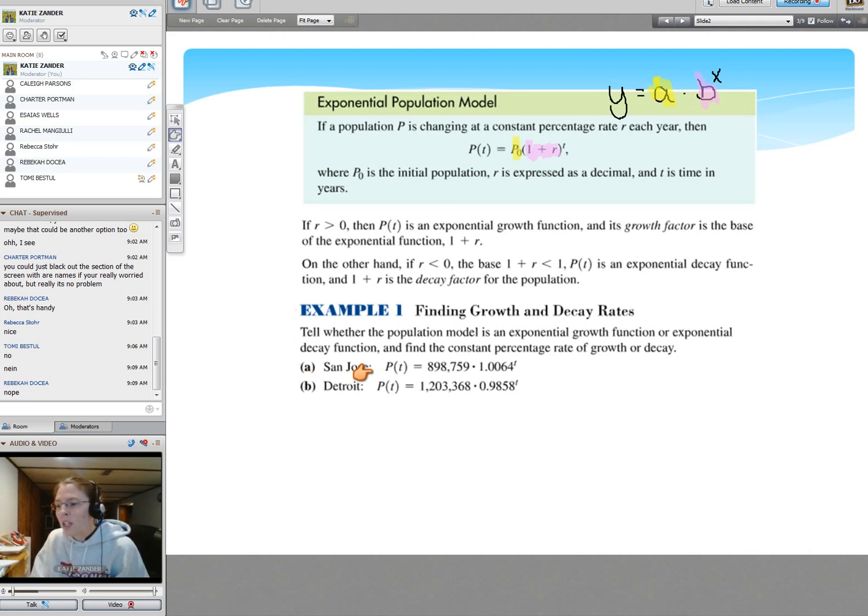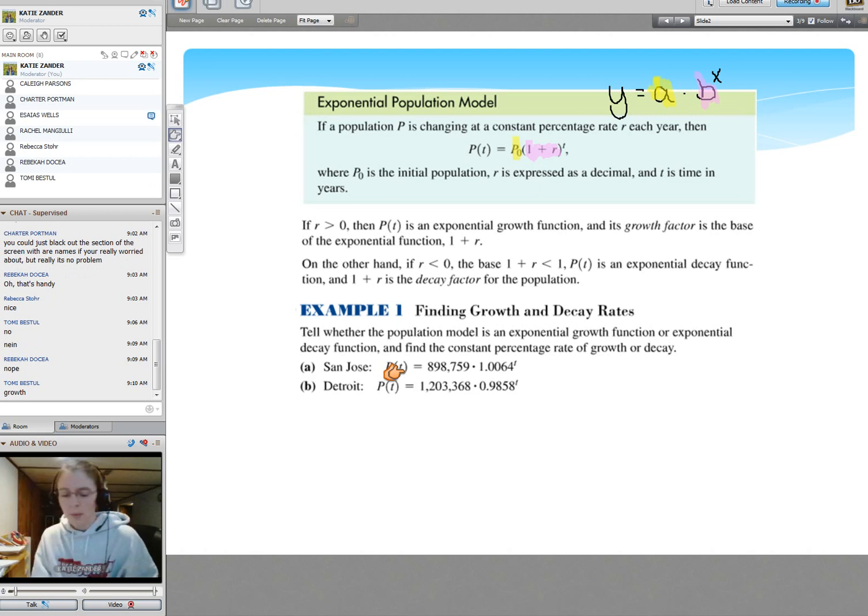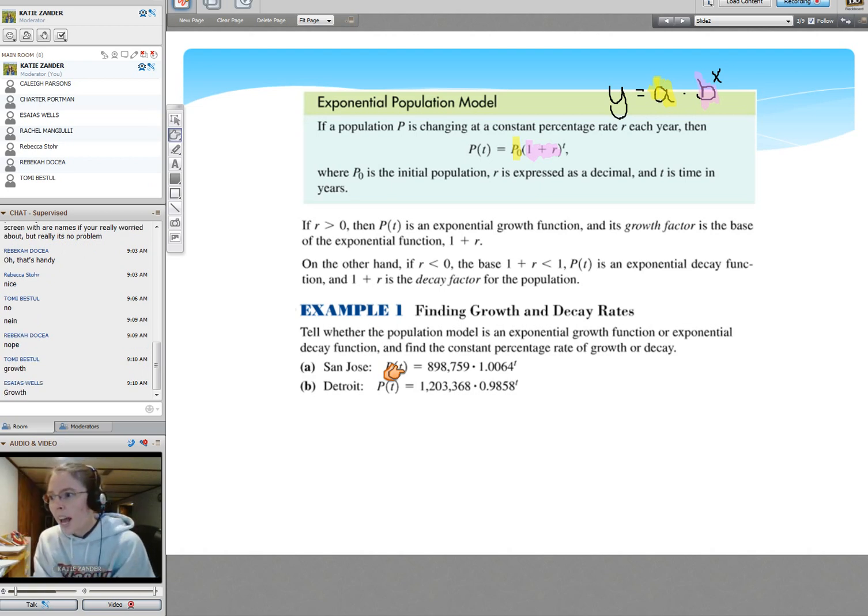We have a population model for San Jose, and we need to figure out, is growth or decay occurring first of all. So taking a look at that, what is happening, growth or decay? What do you think? Tommy's saying growth. Isaiah says growth. I agree, growth. How did you know?